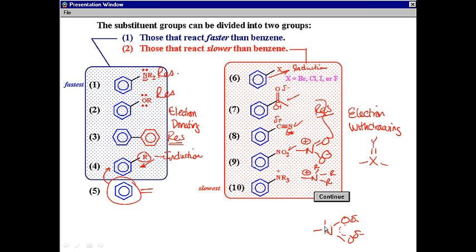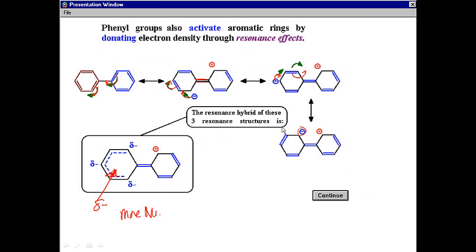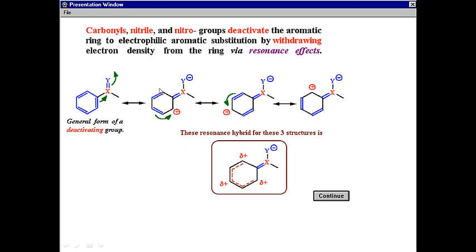So I got a plus and a delta minus charge on that. So here's what I'm going to use as my generic structure for all three of these: an X with a delta plus and a Y with a delta minus, because that resembles these three structures. Okay, so now here's my X multiply bonded to Y. My X has a delta plus charge, my Y has a delta minus charge.